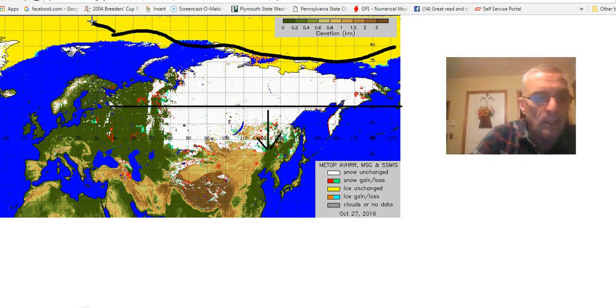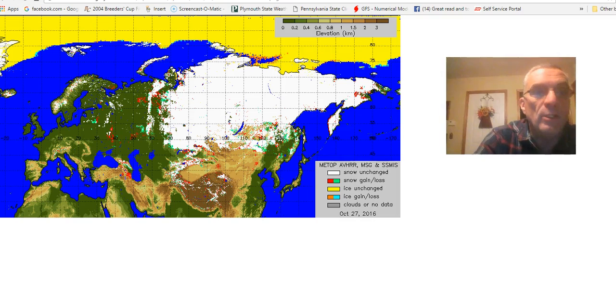One other thing I've picked up on as I was looking at some past years in the last 16 is that it may be equally important to look at the area to the west of the Ural Mountains, which we're talking about in this area in here.